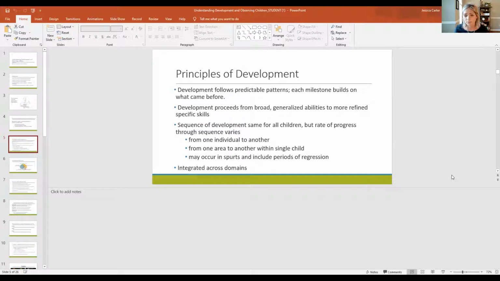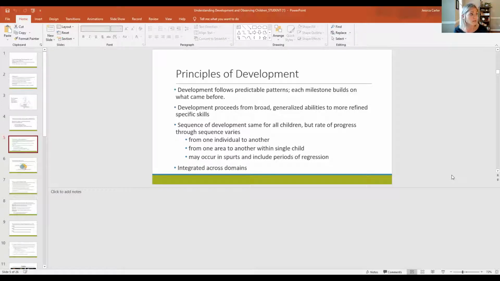The third principle to be aware of is that the sequence of development that I talked about in my first point, that development is not random, it follows a specific sequence. That sequence is the same for all children. However, the rate of progress varies from person to person, sometimes just a little bit, and sometimes it varies greatly.